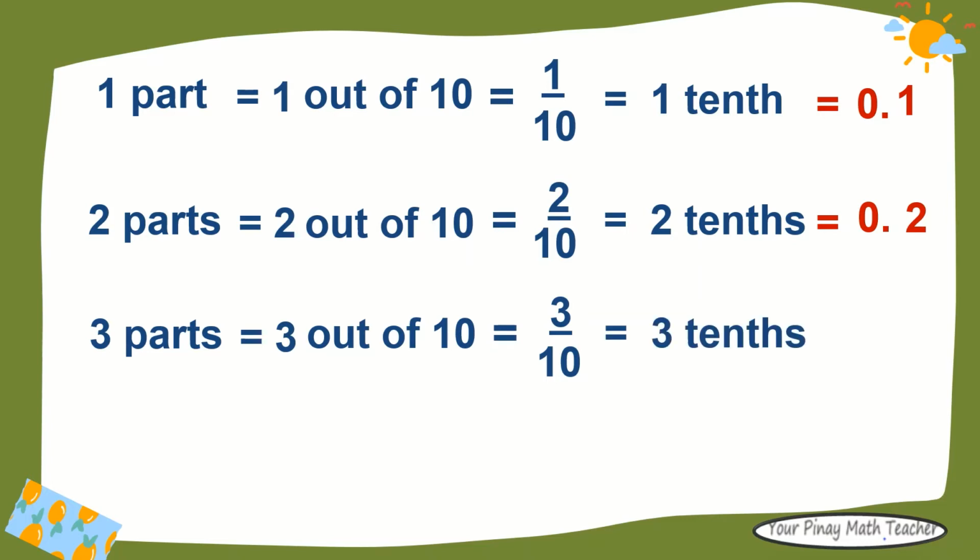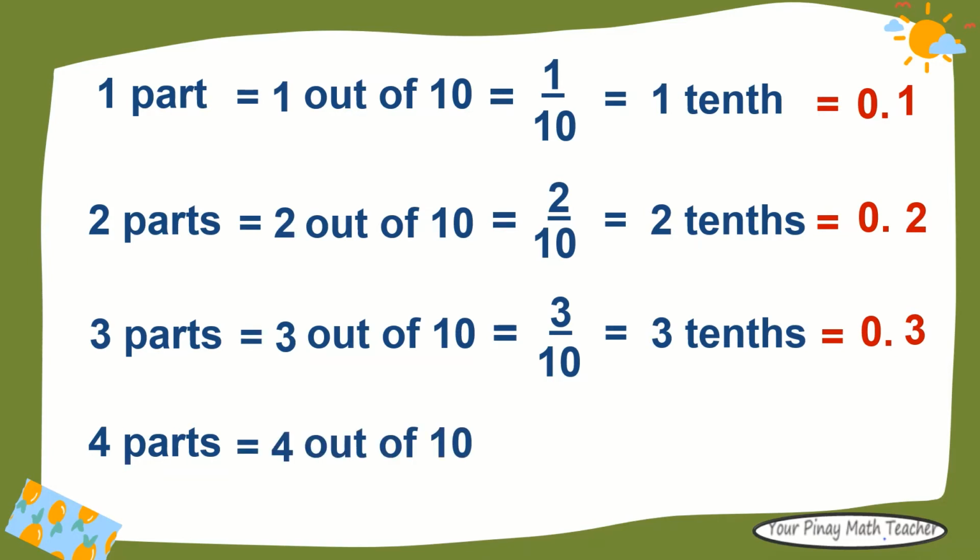This is equivalent to 0.3. If there are 4 equal parts, then we have 4 out of 10 or 4 over 10 or 4/10 or 0.4.